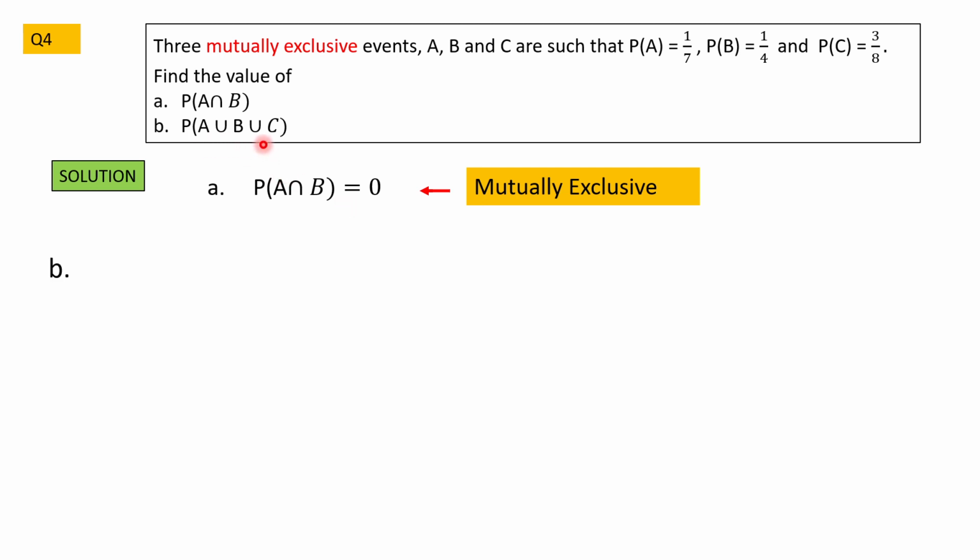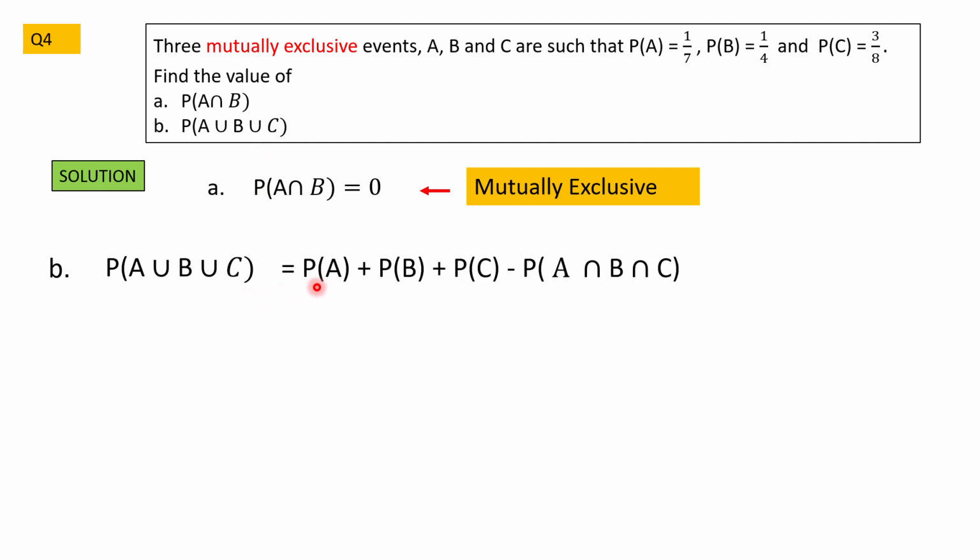So you can write the formula first. The formula will be probability A plus probability B plus probability C, then you have to minus the probability of the intersection between event A, B and C. And again, since these events are mutually exclusive, the intersection between these three events equals 0.